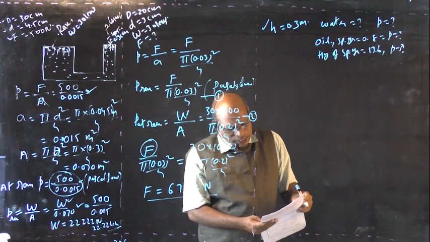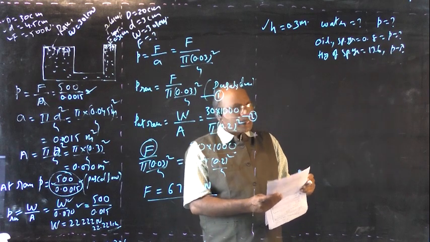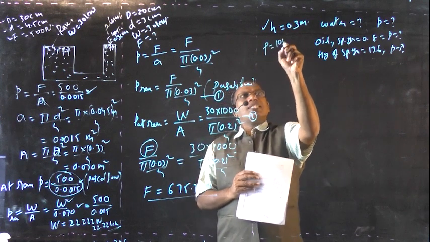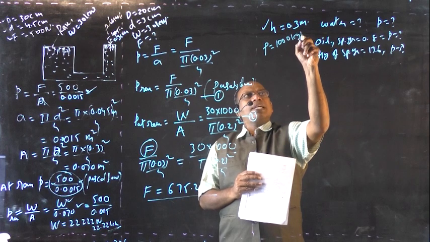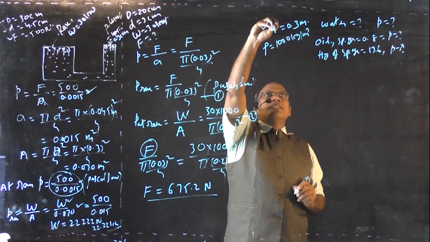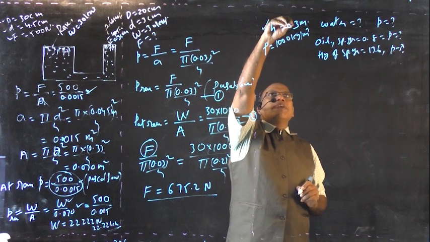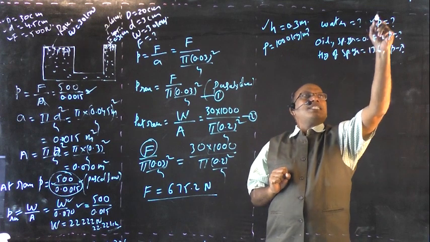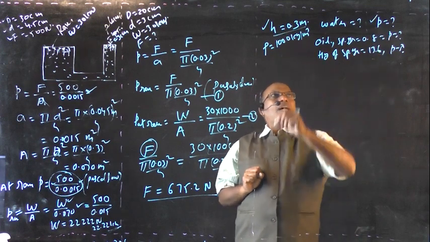Density of water is taken as rho equal to 1000 kg per meter cube. This is the given problem. They have given the column of liquid, 0.3 meters. What is the pressure intensity because of a 0.3 meter water column?